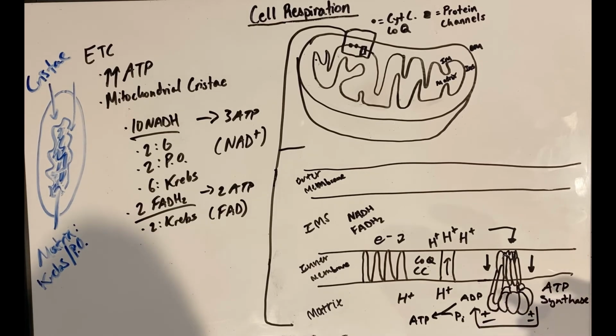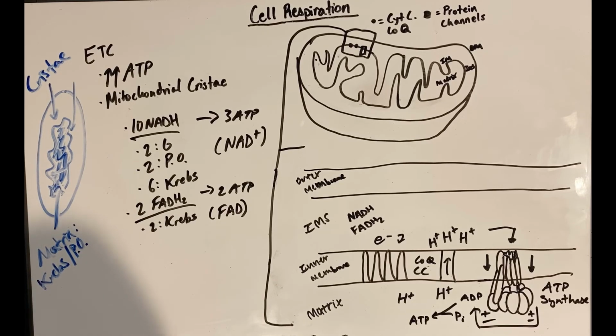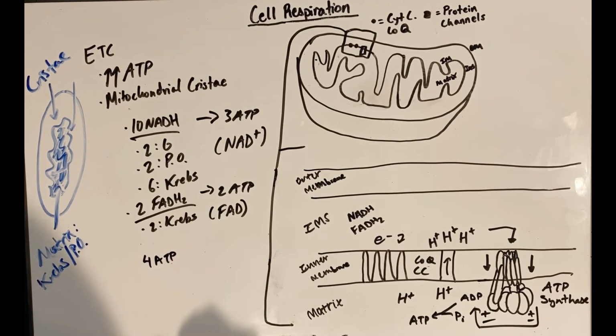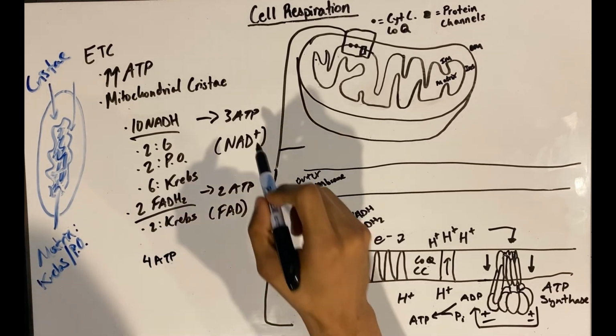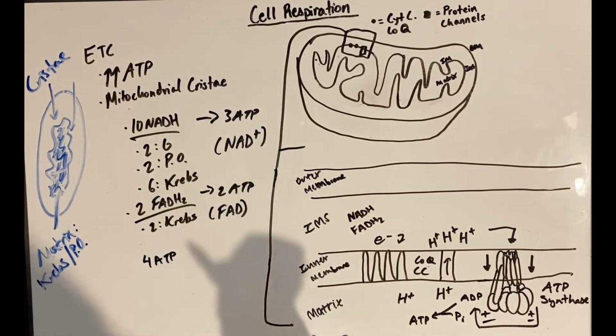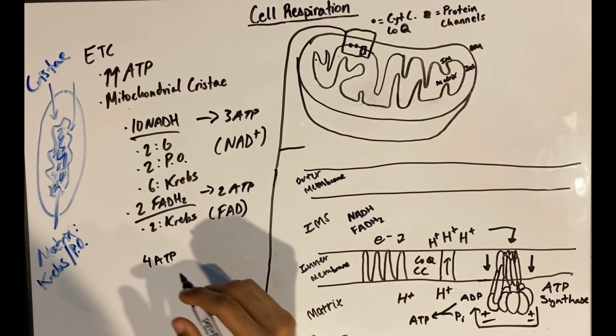It's synthesizing ATP. So we have about 10 NADH from the first 3 steps of cell respiration and 2 FADH2 from the Krebs cycle. Since 3 ATP is generated from 1 NADH, you have a total of 30 ATP, because 10 times 3 is 30 ATP.